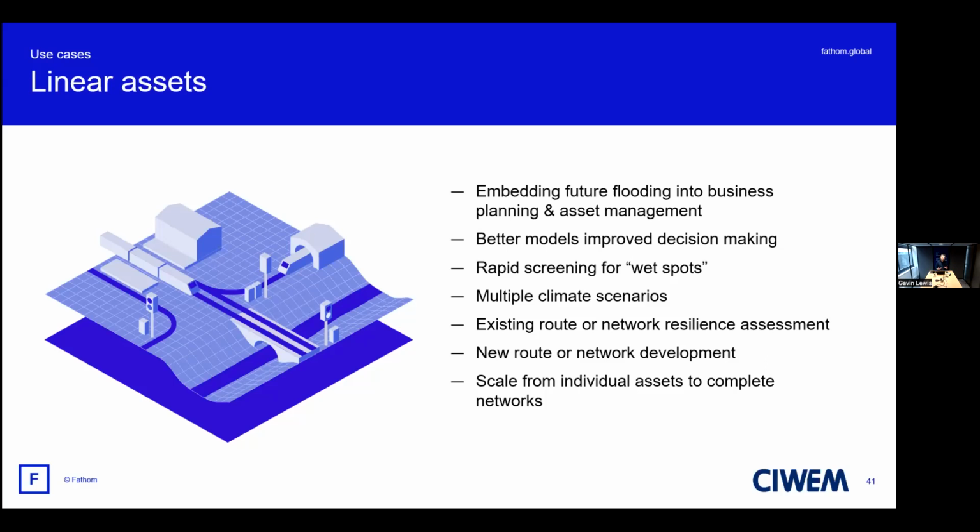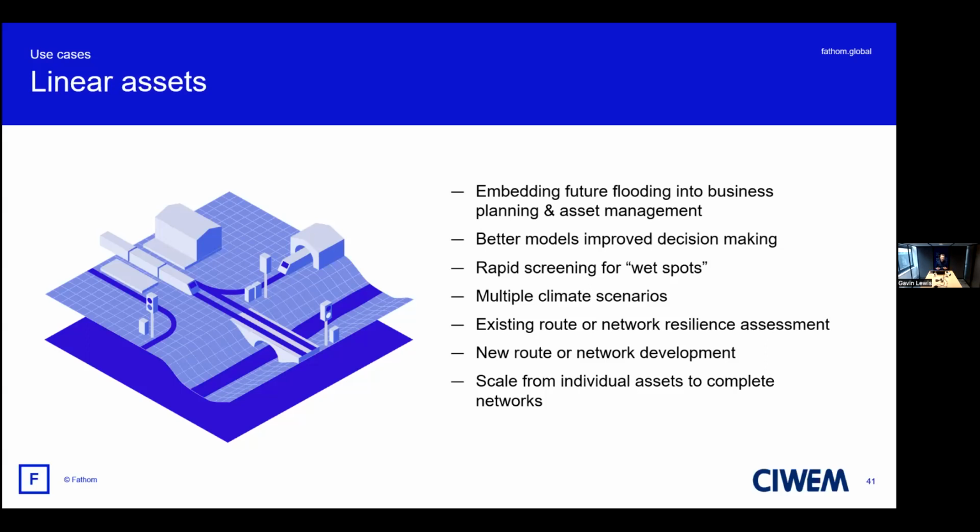By embedding future flooding consideration into business planning and asset management processes, we can increase the resilience of railways, highways, and other assets that are distributed over very large areas, whether here in the UK, in the US, or globally. But that's not just for the development and building of new assets. Of course, it's looking at the service delivery and maintenance of the existing infrastructure that is all around us.